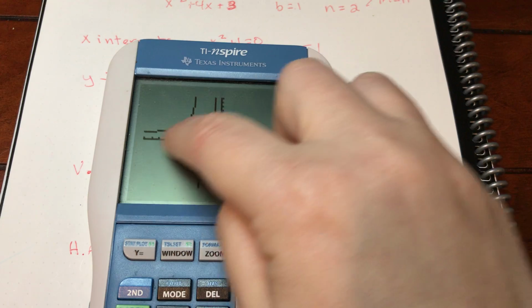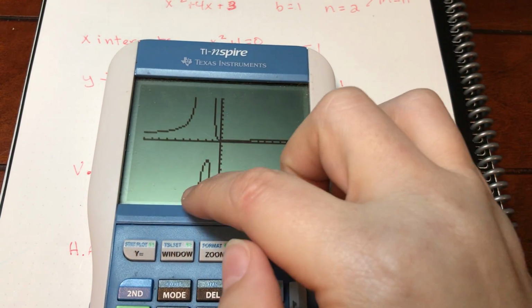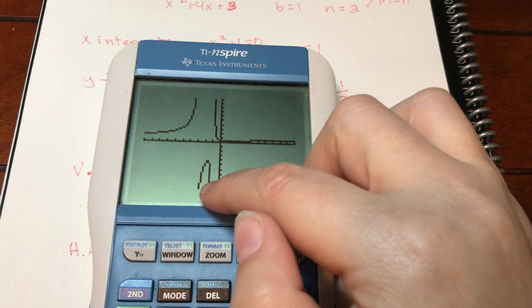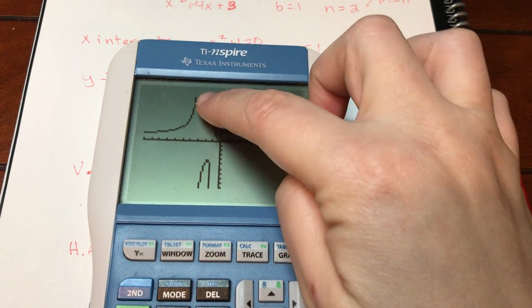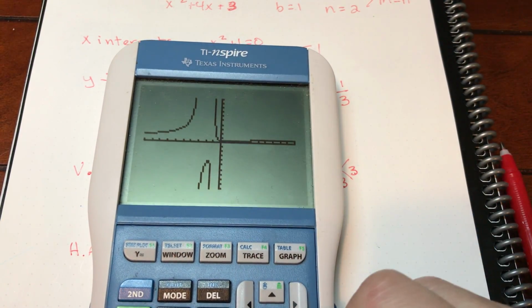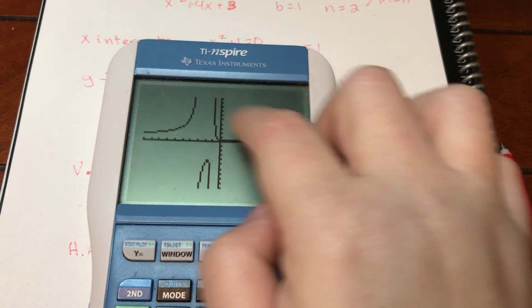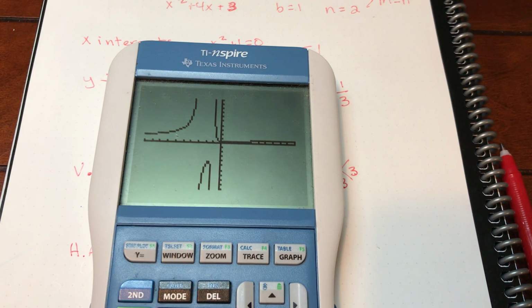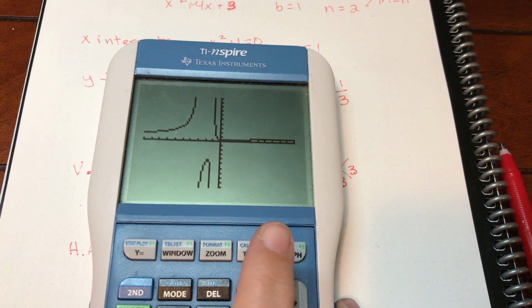It's got this branch here, and then it's got this weird almost upside down parabola shape, and it's got another branch over here that's kind of bent a little bit. It's not symmetrical to this one. So very strange, but cool at the same time.